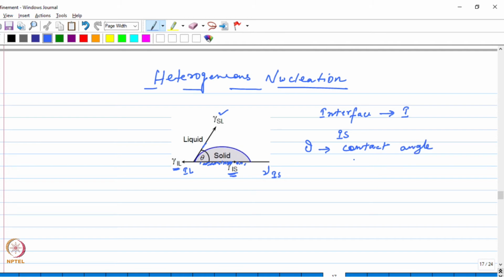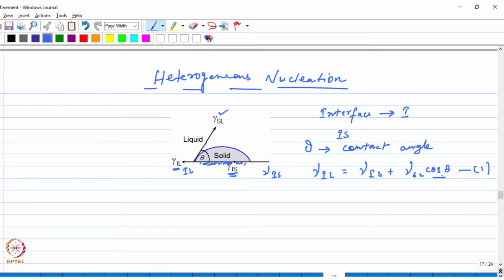So theta can be found out if you take the balance of forces here. From this equation, you can actually derive the expression for theta.